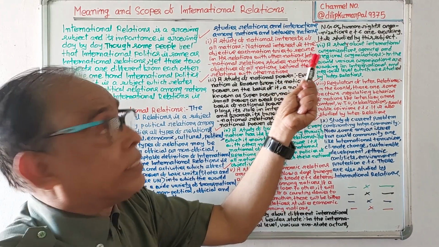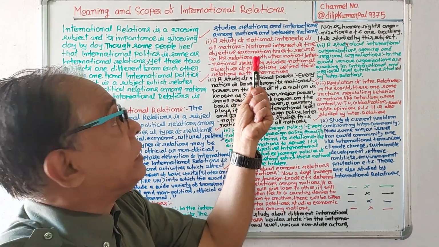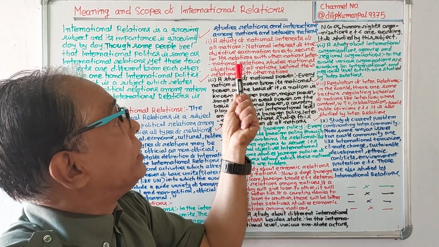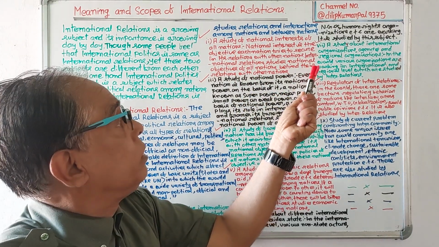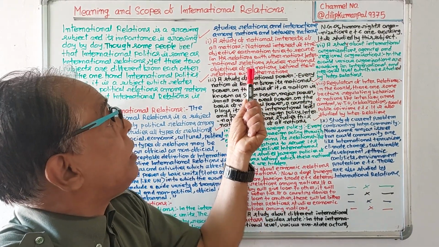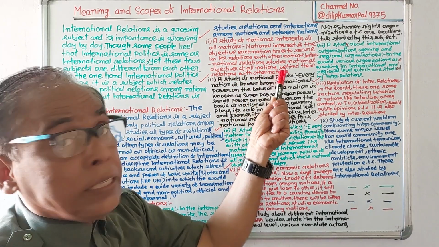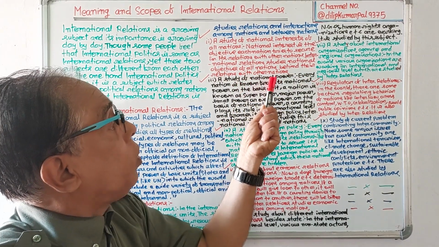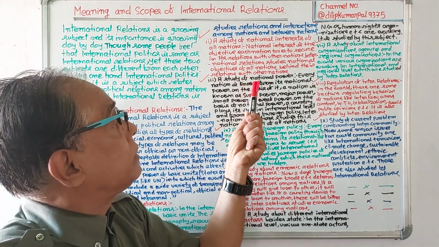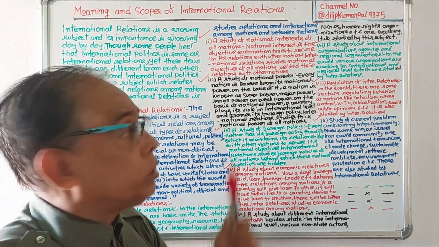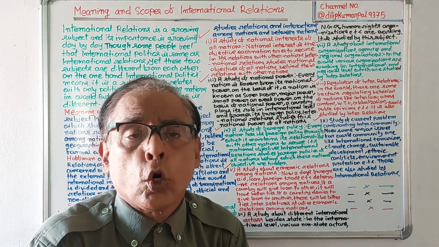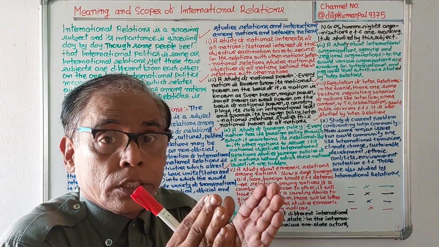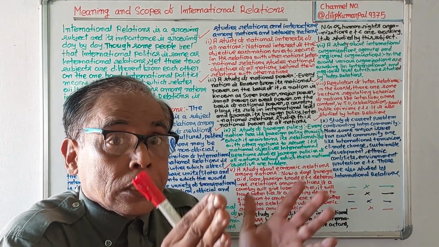National interest is the objective each nation tries to secure in its relations with others. International relations studies the national objectives of all nations behind their relations with other nations. The second scope of international relations is that it studies the national interest of all nations.